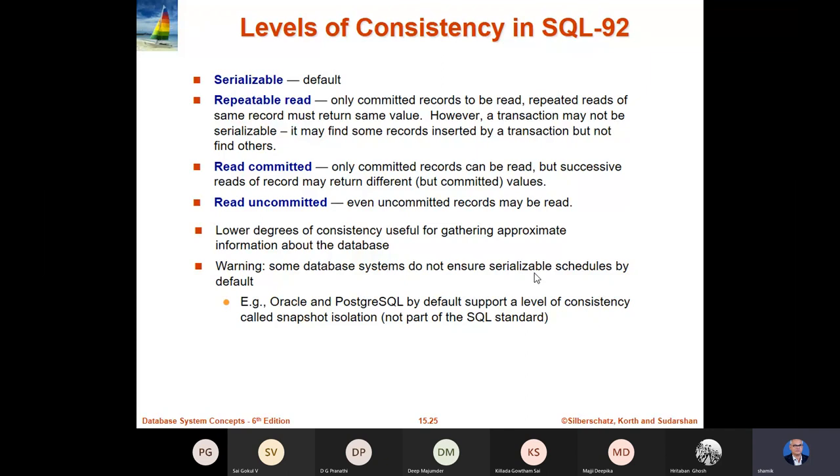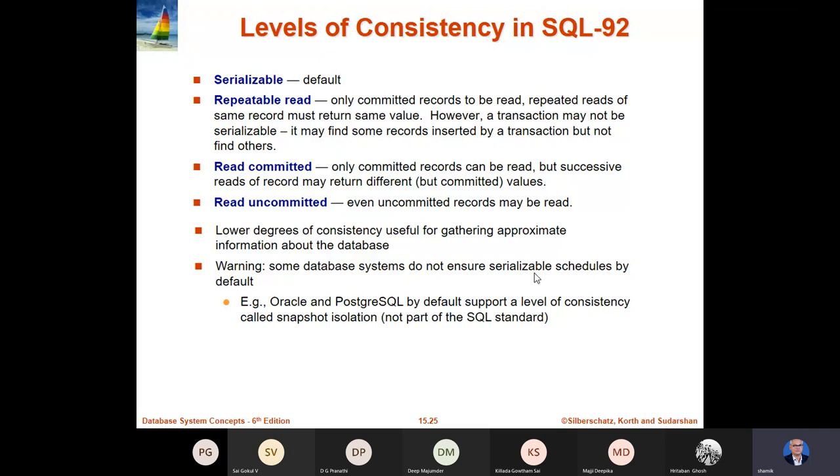That means when T1 read the account balance of account number 1, say it was 100, then it reads the balance of account number 2 and so on. If it goes back and reads account 1, in between another transaction might be updating the balance of account number 1. That was not allowed in repeatable read, but read committed will allow that.